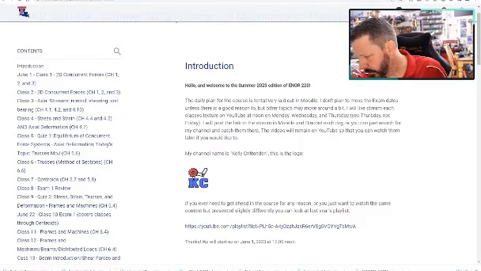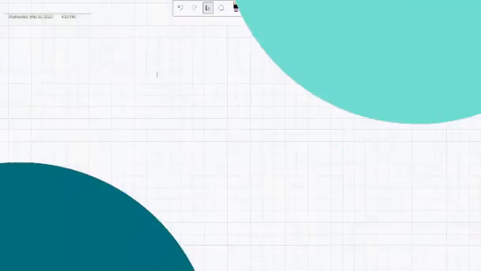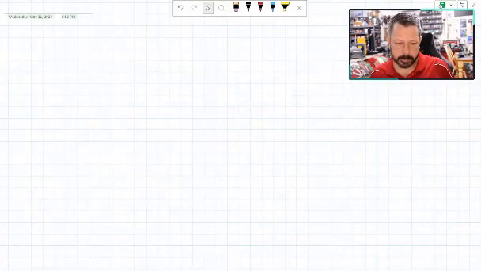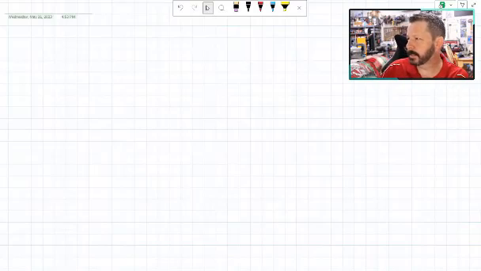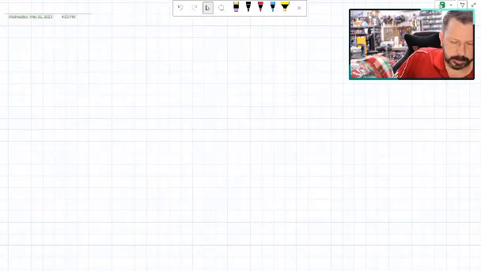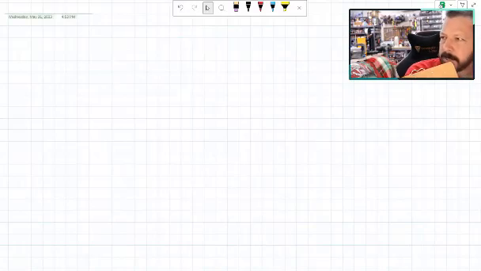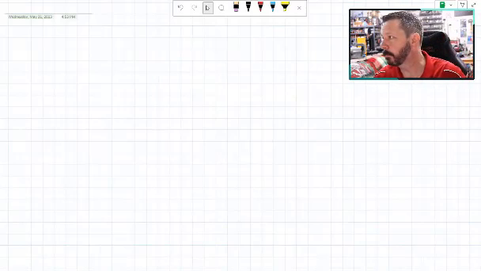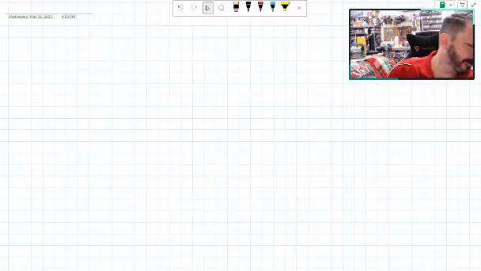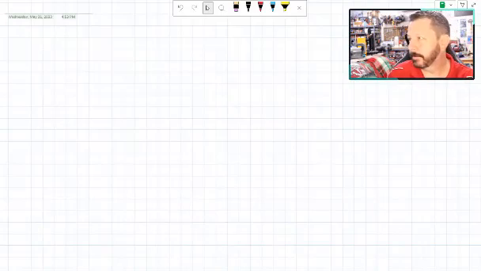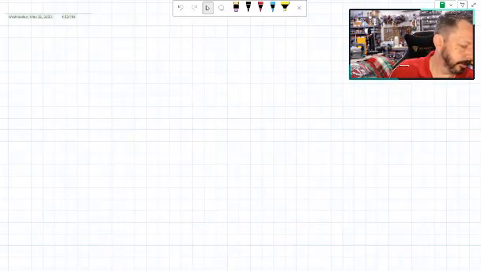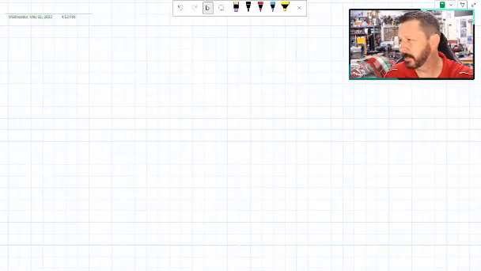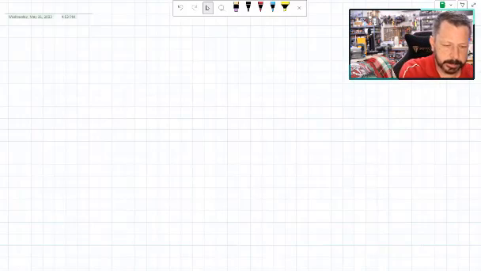Let's go over to here so that we can draw stuff. And let's just write down a couple of things for our 2D concurrent force system. All right, so 2D concurrent forces.